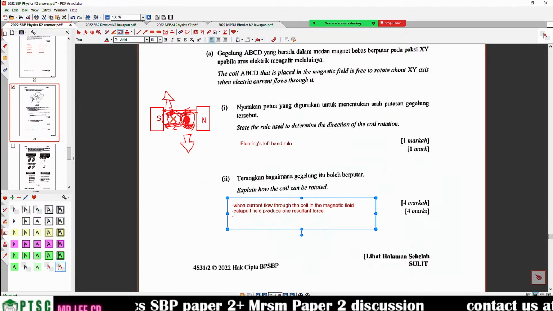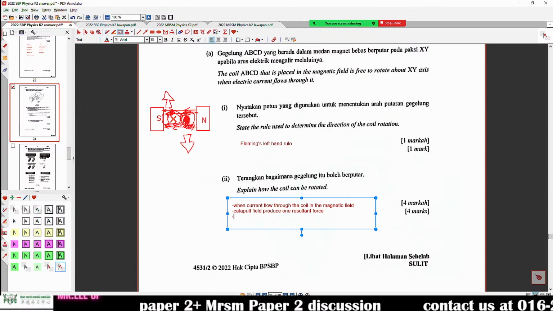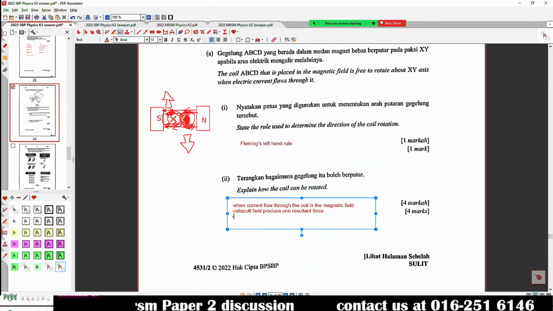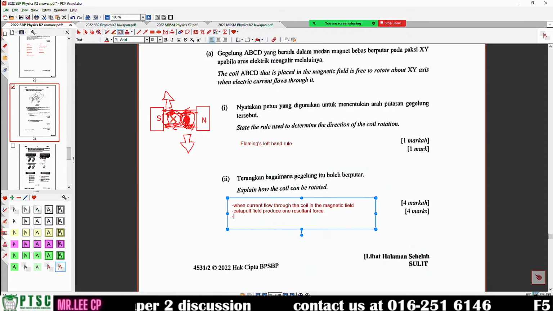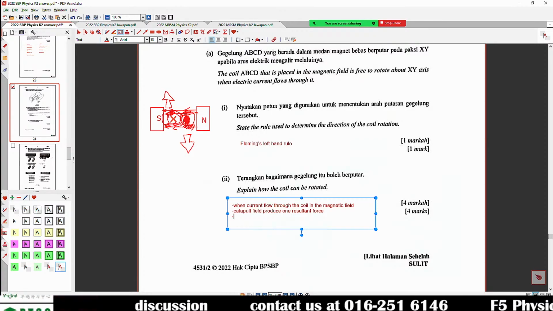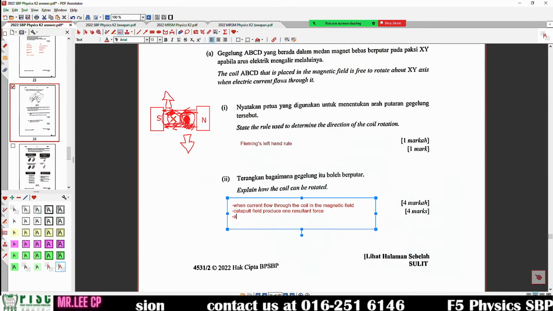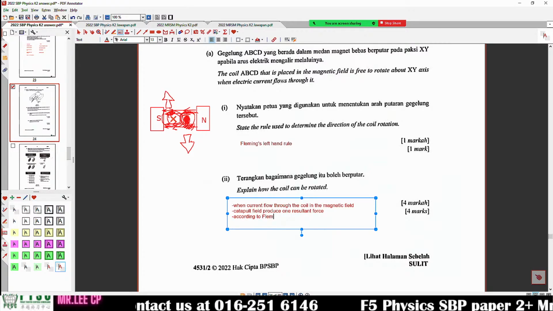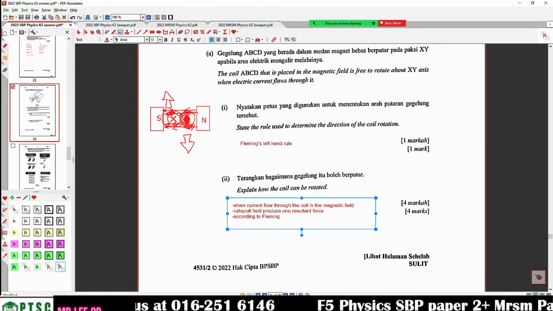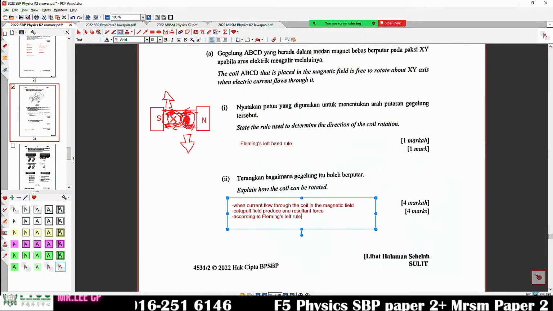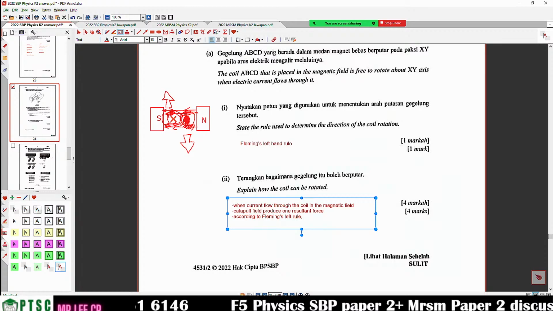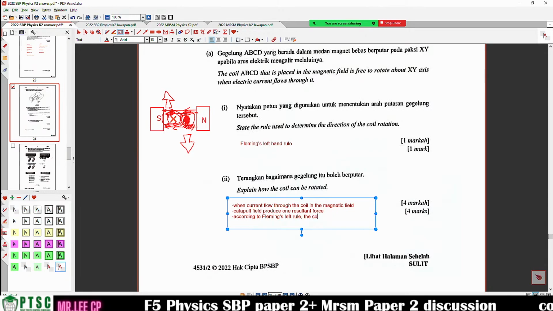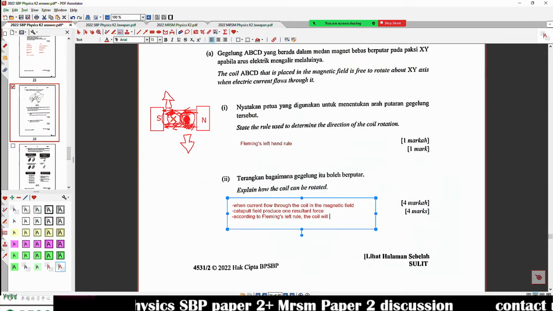Still not enough marks. The catapult field produces one resultant force. So according to Fleming's left hand rule, the coil will move.